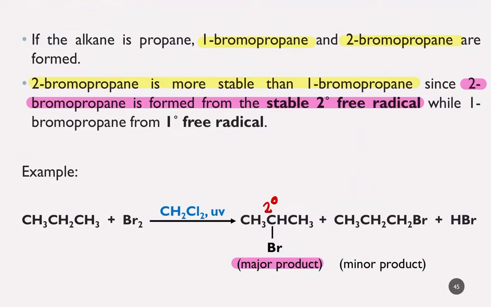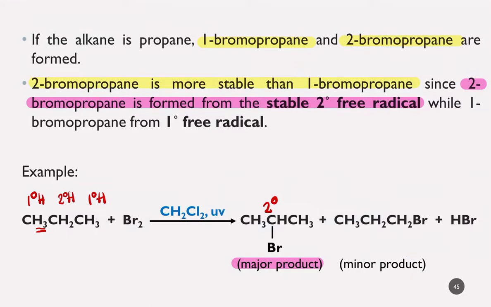Because if you look here, this hydrogen is a primary, this one is a primary hydrogen, okay? This one is a secondary hydrogen, and this one is primary hydrogen, okay?